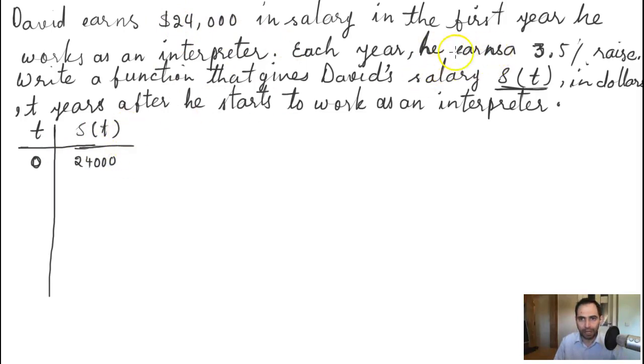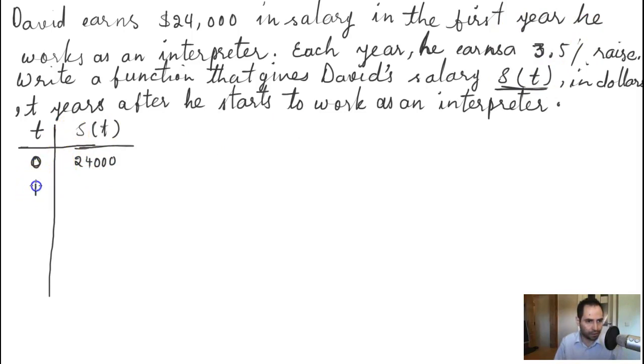$24,000. And then David earns a 3.5% raise each year. So that basically means each successive year you're earning 3.5% on the amount of salary that you had the year before.